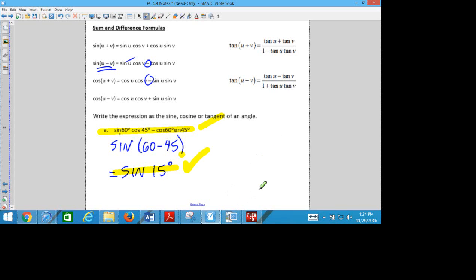Which one do I actually know the unit circle values for? Right, so if you were asked to evaluate this, you wouldn't use that one, you would use this one. But it might be the other way. You might not know these, but you could find that. So you're going to see that in your homework. You have to do this, and then it says evaluate it, but you can choose which one you're going to use, the first one or the last one, depending on which one you know the values for.